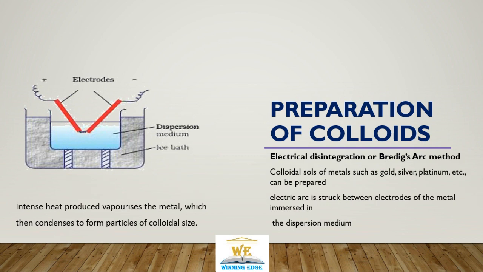Then we pass a current. Intense heat is produced that instantly vaporizes the metal, and those metal particles get suspended in the dispersion medium to give us a metallic colloidal solution. That's what happens, and we get these metal colloidal solutions.